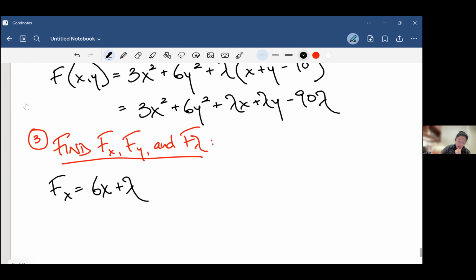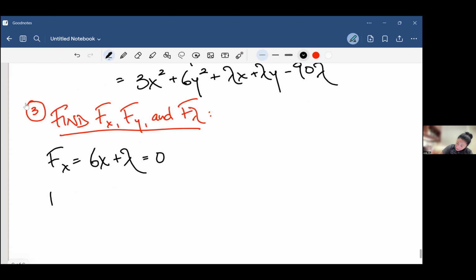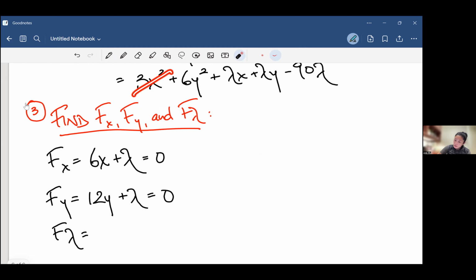I know all these partials are going to be equal to 0. For fy, we go through the same process, treating y as the variable, and get 12y plus lambda equals 0. For our last one, f lambda, we get x plus y minus 90.